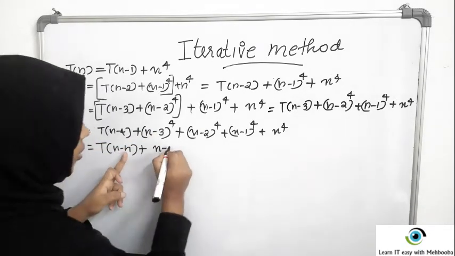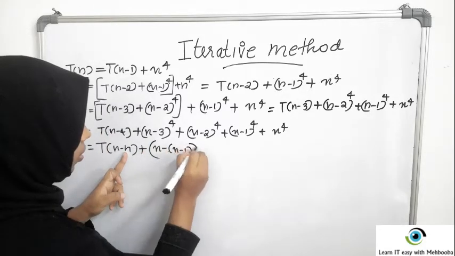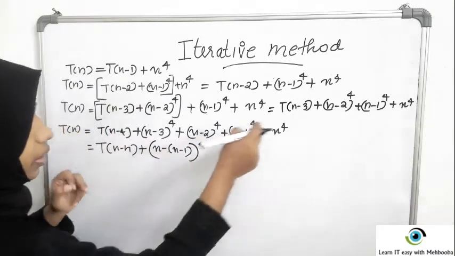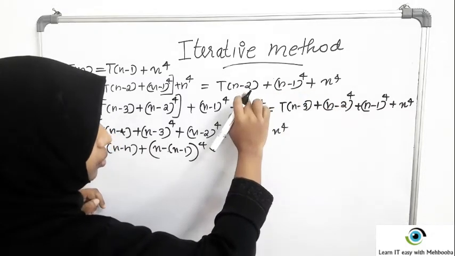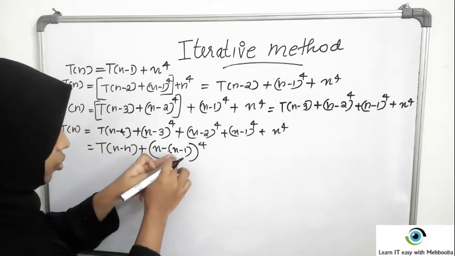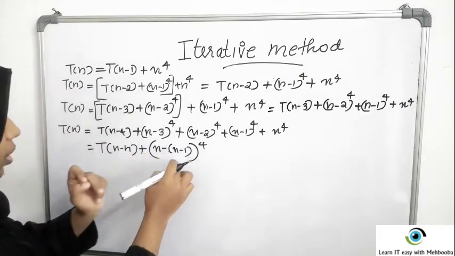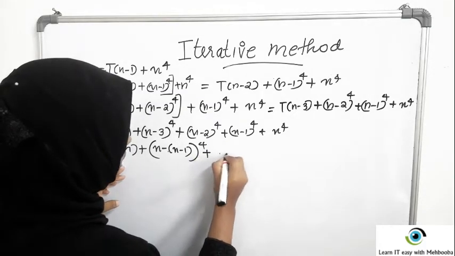So if it is n, that will be n minus 1, the whole raised to 4, isn't it? Because when it is 3, it is 3 minus 2 here. When it is 2, it is 2 minus 1 here. So when it is n, it should be n minus 1 here. The whole raised to 4 plus etc.